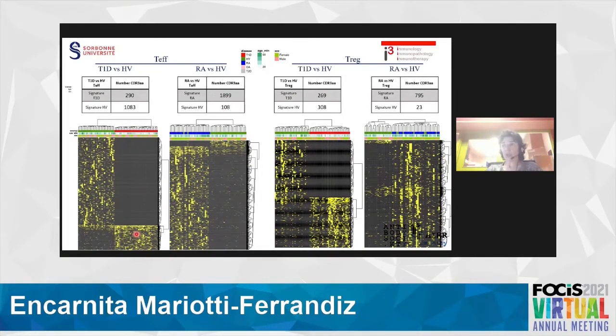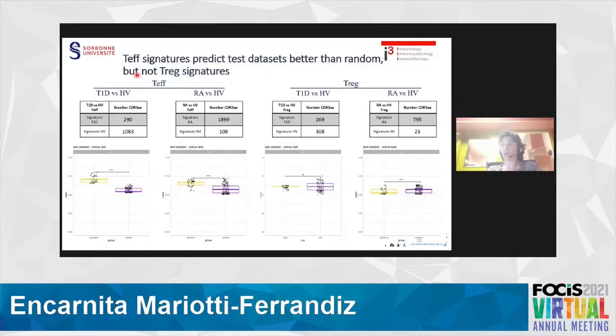Now we have those collections, and we wanted to see whether these different signatures that were unique to each disease compared to the healthy volunteers were similar between diseases. But before, we tested the prediction power of those signatures.